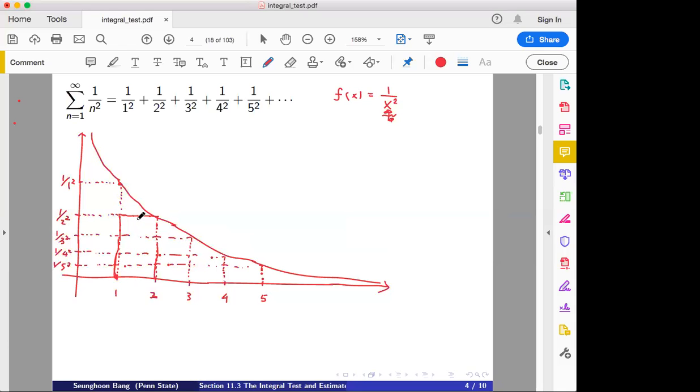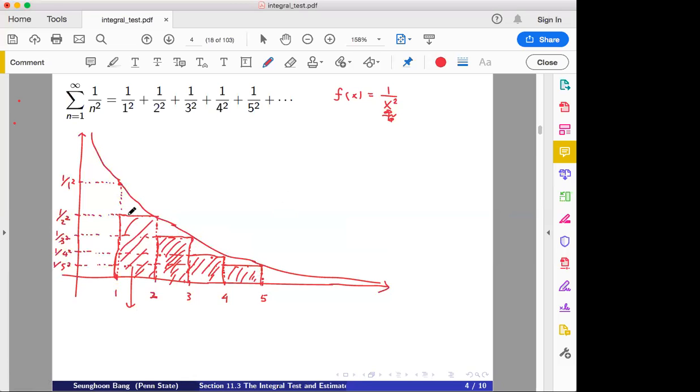Find this area. You can make another rectangle here and find this area. Similarly, this rectangle, find the area. This rectangle, find the area. So first, what's the area of this one?